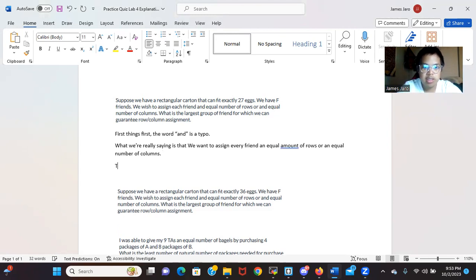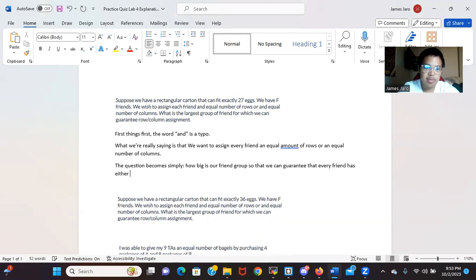So the question becomes simply: how big is our friend group so that we can guarantee that every friend has either an equal number of columns to themselves or an equal number of rows to themselves?